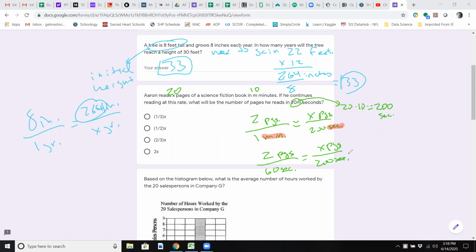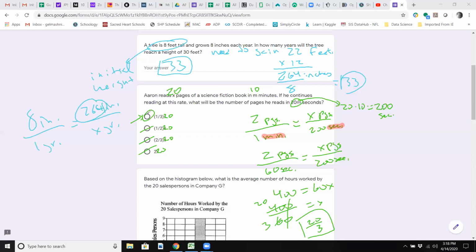Now go and solve for X. 400 equals 60X, so X is 400 over 60. You can do a little reduction. They're both divisible by 20. So you get 20/3. Now just plug in 20 to each choice. And then we get the answer A, or the first choice.